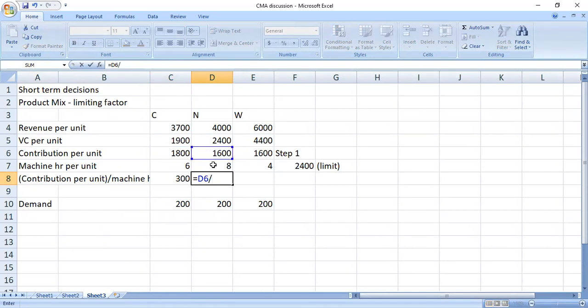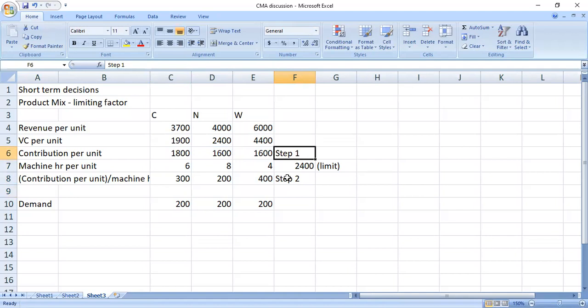Divided by 8. So this is what I call step three, in my opinion, because step one is determining the limiting factor, step two is determining the contribution per unit, and step three is this. This is 2, this is 3, this is 1.